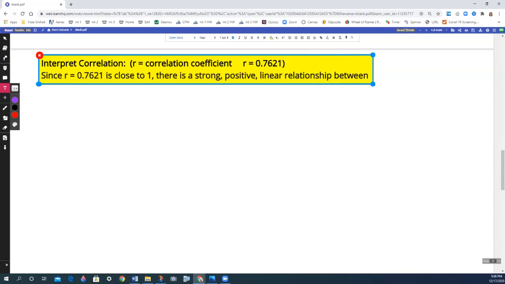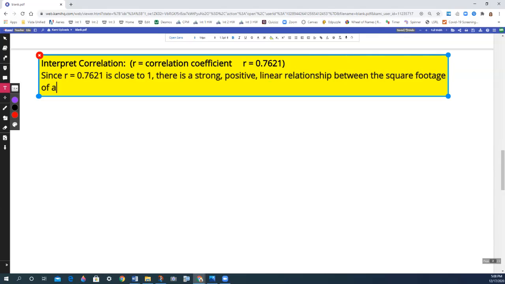So there is a strong positive linear relationship between the square footage of a house and the price in thousands of dollars.